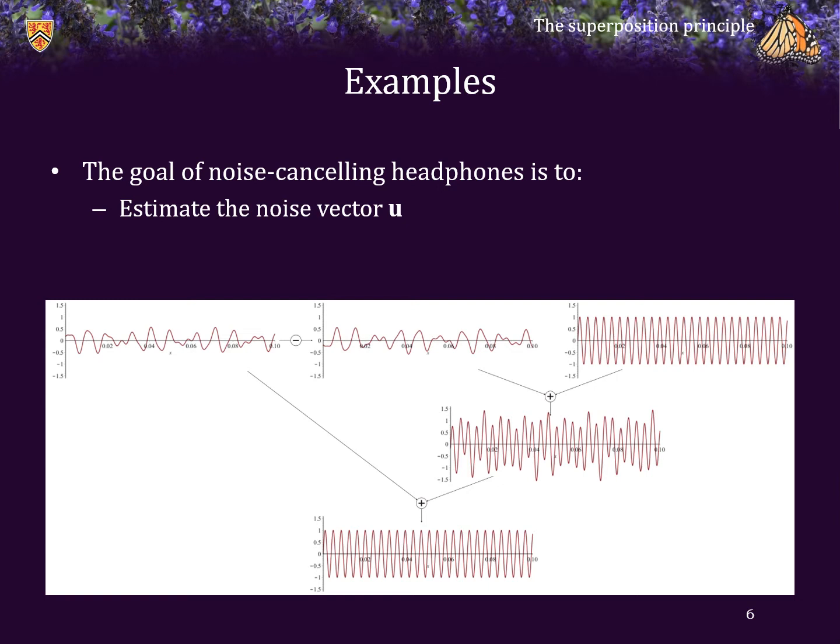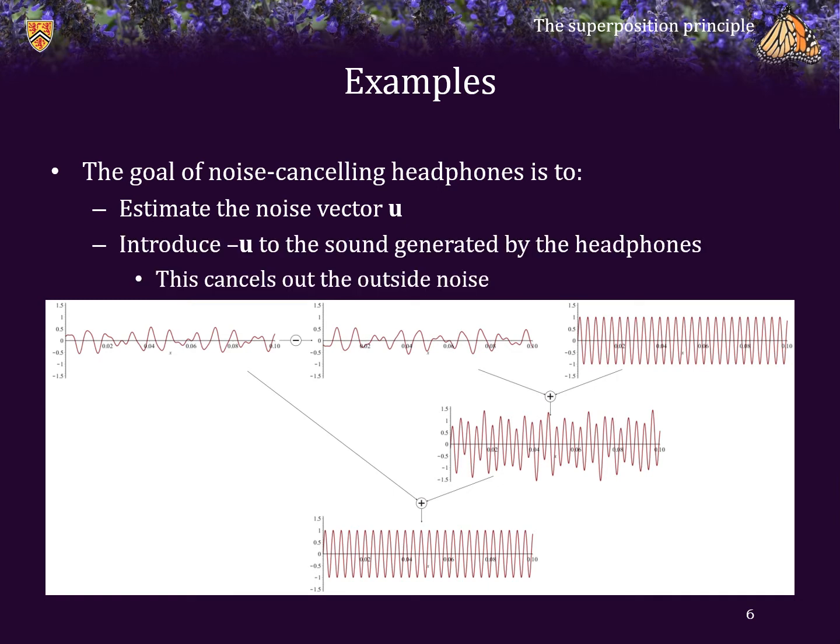In the top right, we see the sound that the earphones are intended to produce, in this case, a simple middle C. If we can estimate the noise vector U, we can then calculate the negation of the noise vector and then add that to the sound that is being generated by the headphones. So now the headphones are actually going to produce not only C, but also the negated noise.